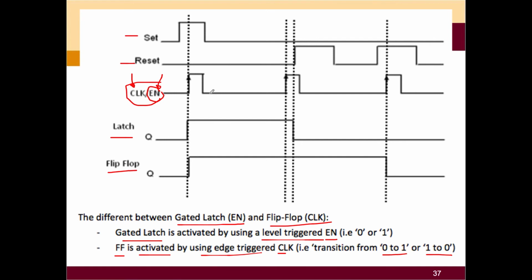Positive edge or negative edge, we already discussed in our previous class. Please look back at your notes and module. But under EN you're going to have only 0 and 1. So for your latch, you change the output when your EN is 1, and the rest remains the same.